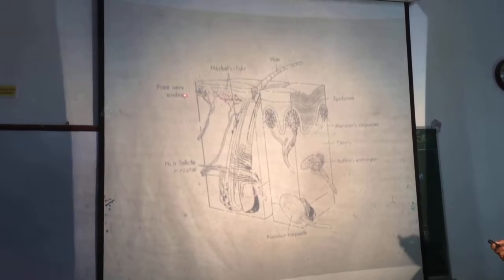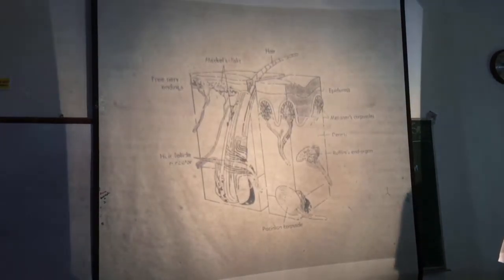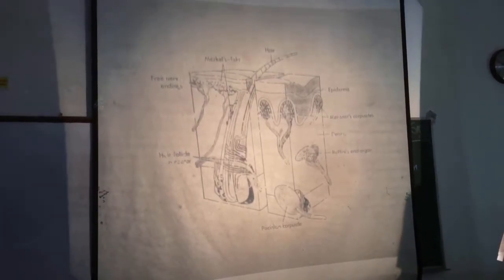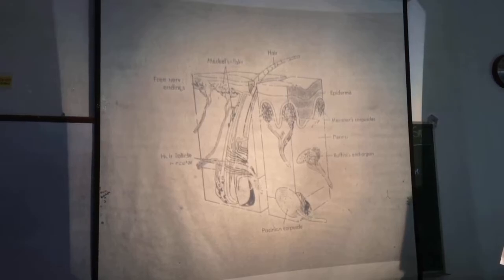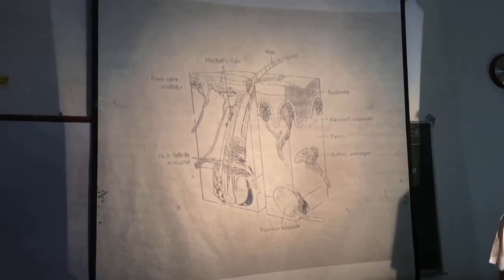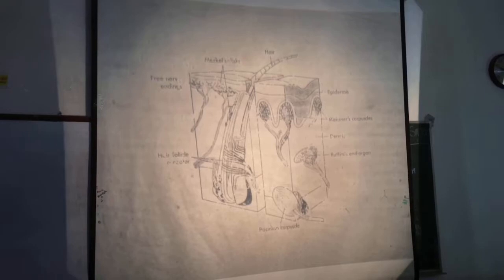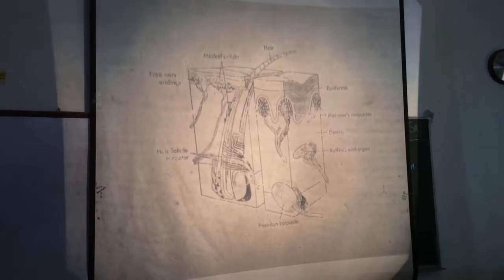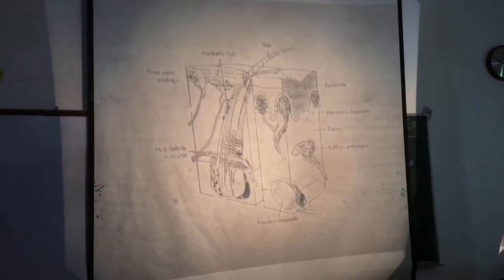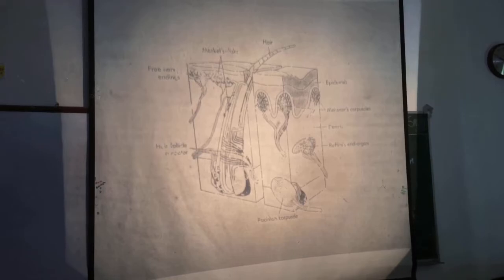Free nerve endings are present in the epidermis of skin, in the GIT mucosa, mucosa of the airways, meninges, periosteum, perichondrium, peritoneum, tympanic membrane, joint capsule, ligaments, muscles, tendons, dental pulp.